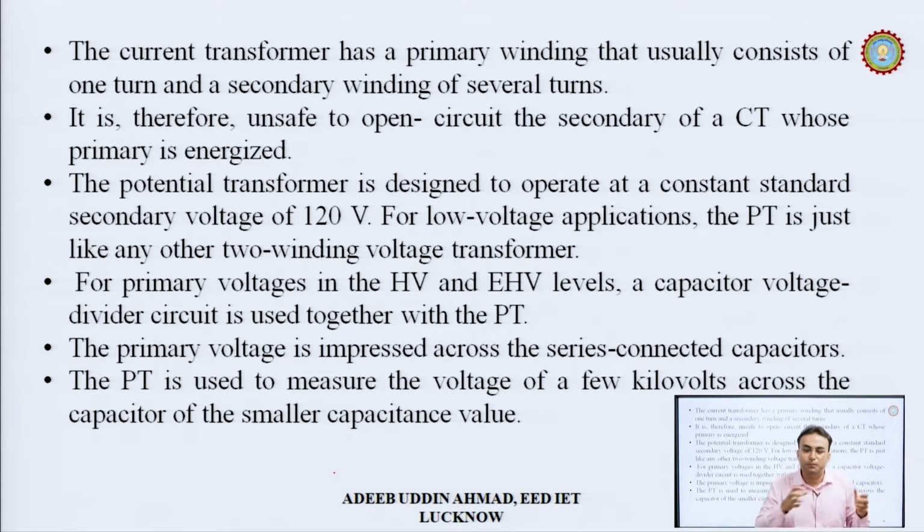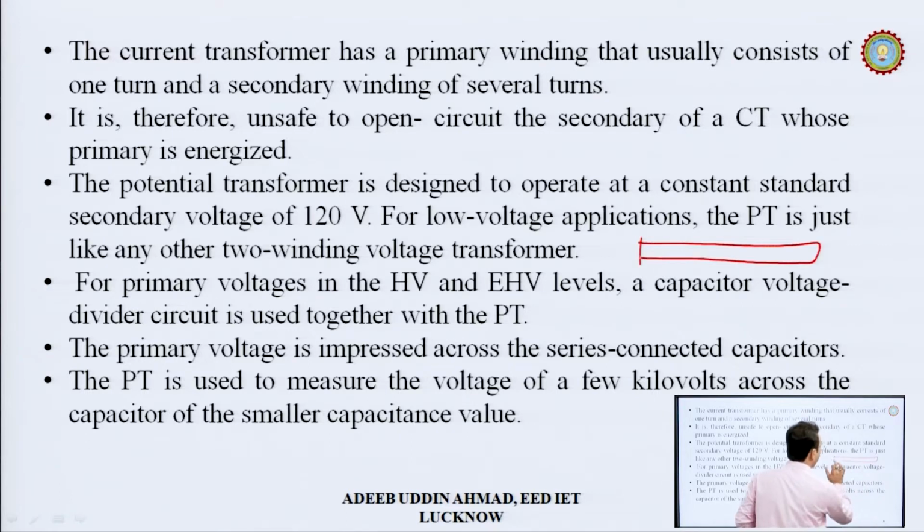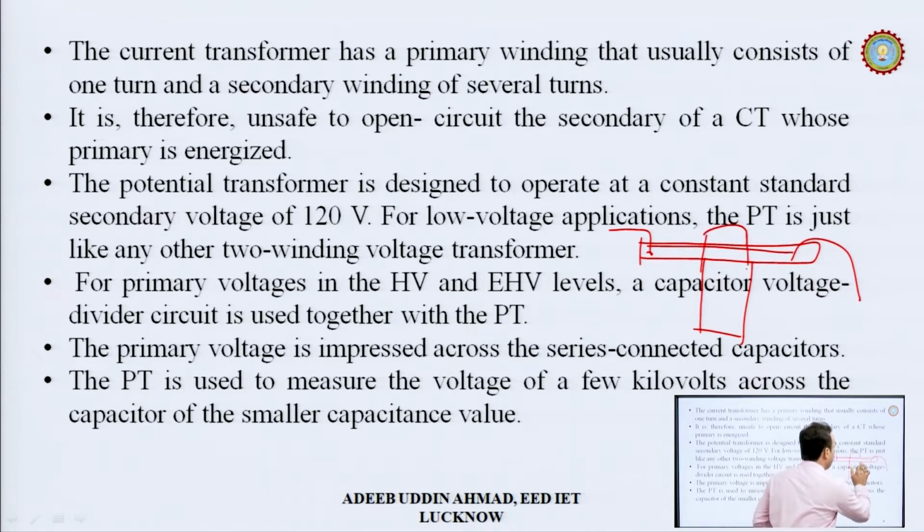The bar is the primary of this type of current transformer, and the secondary has some turns. So this bar has some input and some output, and the bar is covered by the CT.